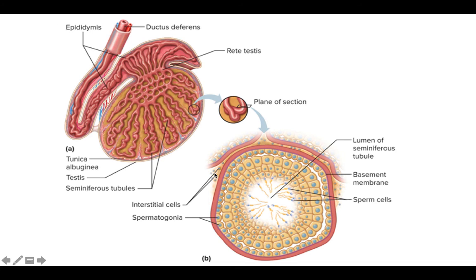These interstitial cells are between the seminiferous tubules, and they're the cells that secrete testosterone. Again, testosterone is important for driving sperm cell production, but also for the production of secondary sex characteristics for men. Okay, so those are the interstitial cells.